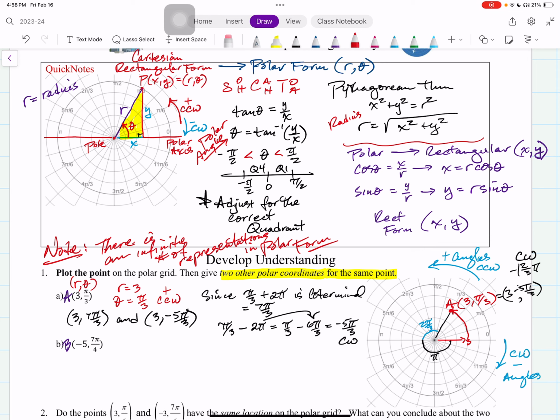Look at the top of the screen. If you go in the opposite direction, this point would be negative r comma theta, where a negative radius would just be a reflection across the pole or a 180-degree rotation in the opposite direction. So, a little note: negative radius means that you have a reflection across the pole.